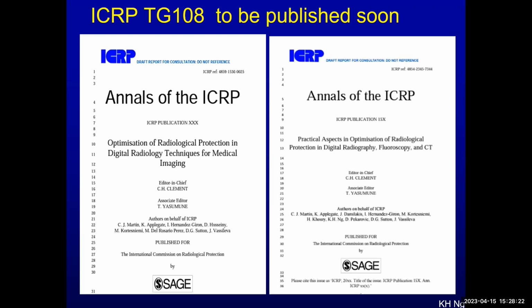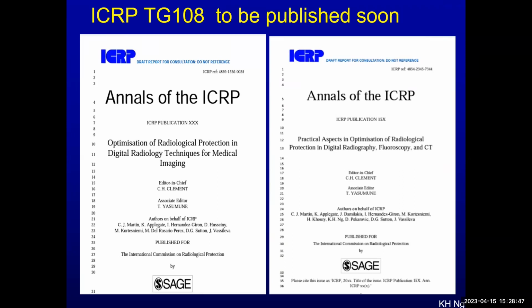This is the ICRP TG108. This is work in progress, almost ready to be published. There are two parts for that. Part one is on optimization of radiological protection in digital radiology techniques for medical imaging. And part two is on the practical aspects of optimization of radiological protection in digital radiography, fluoroscopy, and CT.